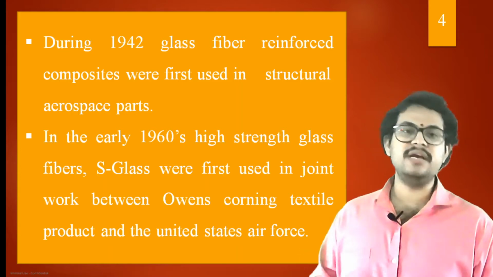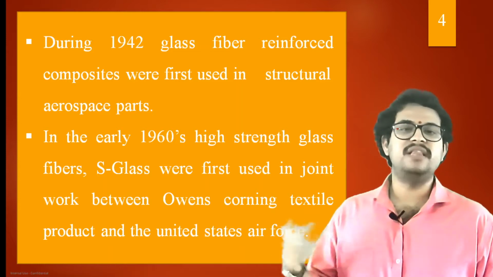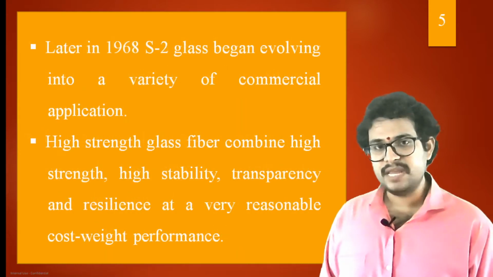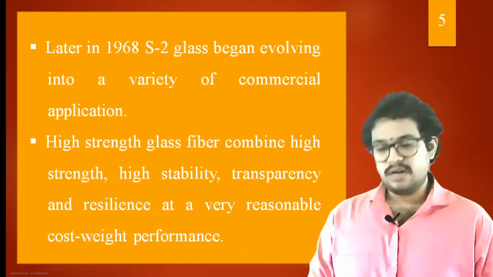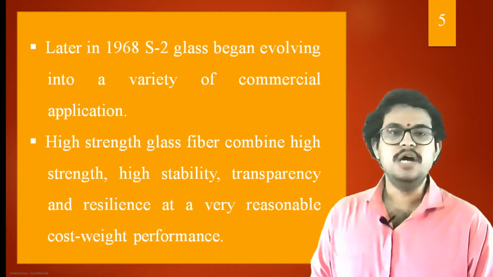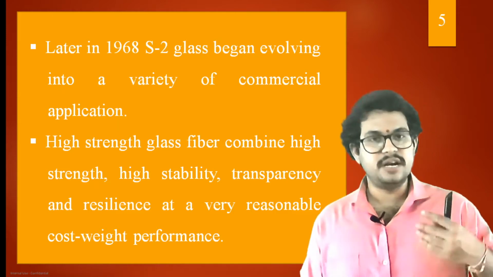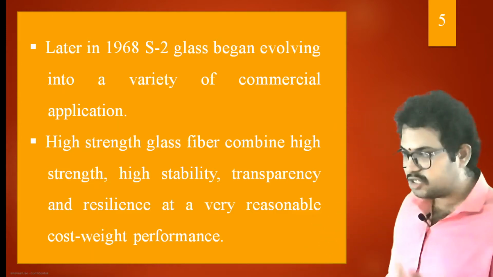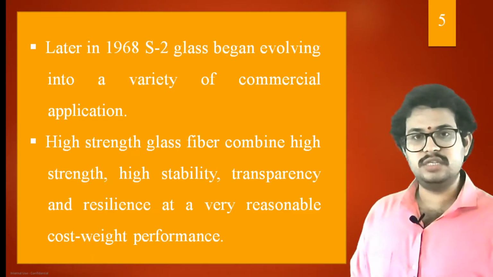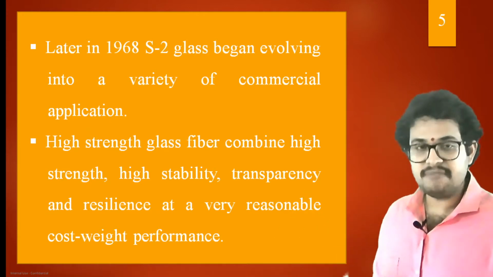The one was the industry set up by Owens Corning, and the second was the United States Air Force. And what was the product actually? They were utilizing this glass fiber to prepare textiles which can withstand higher pressures, higher temperatures and tough conditions. They also used these to prepare components of aircraft industries, aircrafts, and so on, right?